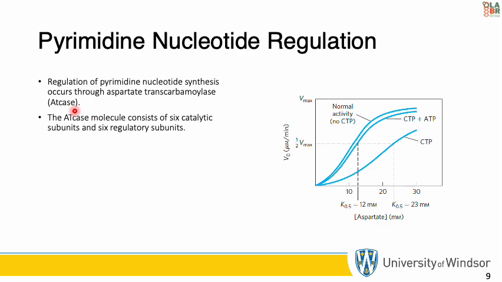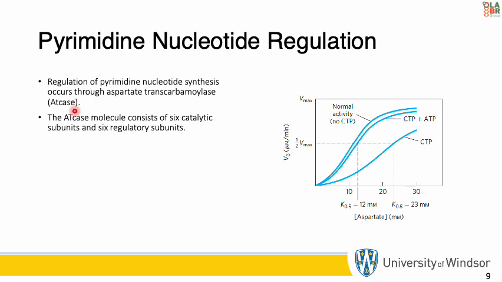CTP, if you remember, is the final end product of the sequence. So the end product ends up regulating that first enzyme, aspartate transcarbamylase.